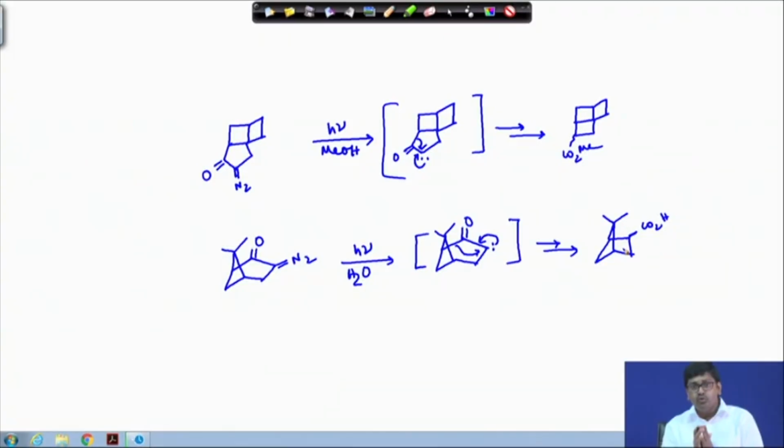Now, one of the most important synthetic applications of this Wolff rearrangement, we will see that. What is that? In the Wolff rearrangement, we start from this alpha diazoketone, which converts into the corresponding ketene, and different types of nucleophiles attack.